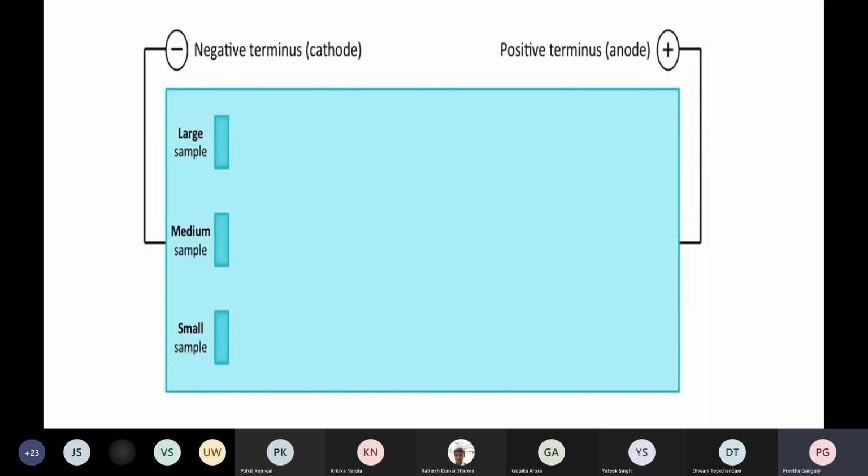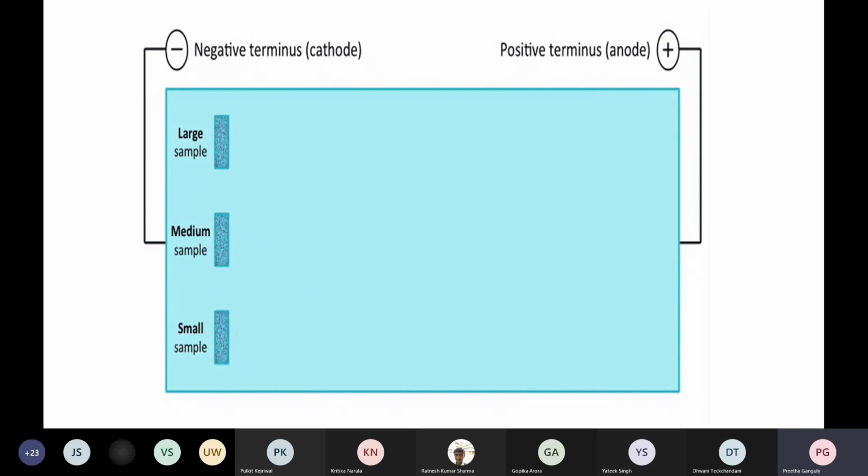Now we will take an example and we will see in an animated form how it is happening. First you see the animation, then I would like to elaborate. This blue colored thing you are looking at is a gel, and there are the large sample, medium sample and small samples written. They are actually the wells.